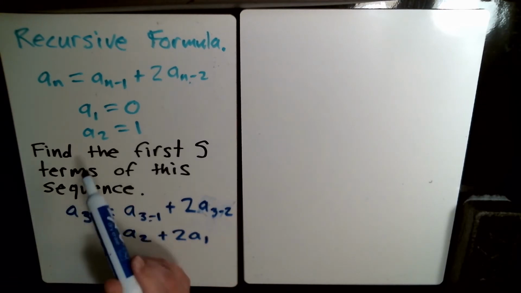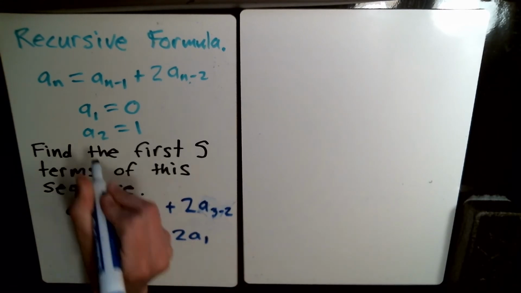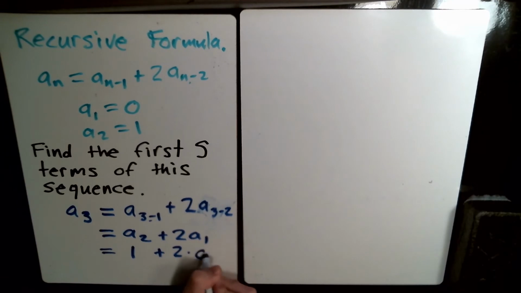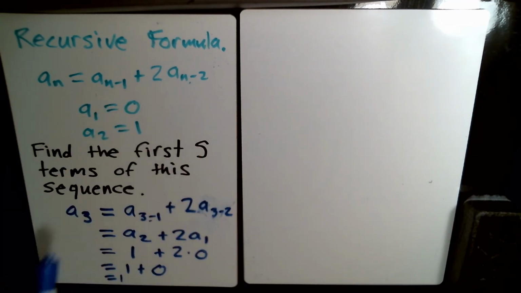I already know a sub 2 and a sub 1, so I just have to plug those in. A sub 2 is 1, and a sub 1 is 0. So I've got 1 plus 2 times 0, which is just 0, or in other words, 1 is my answer for a sub 3. So we found a sub 3 by using this recursive relationship and the previous two terms of my sequence.